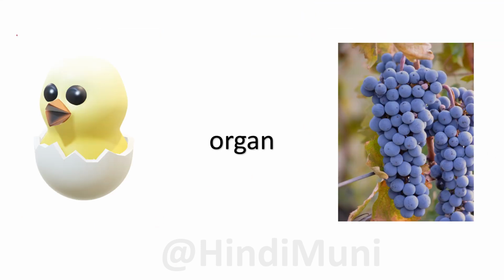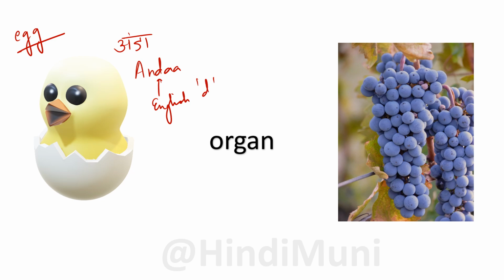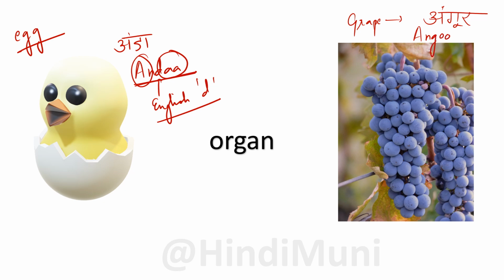Now we have a few examples. The first word, this is an egg, and in Hindi it is called anda. This D is like the English alphabet D. Now these are grapes. Grape is called angur.